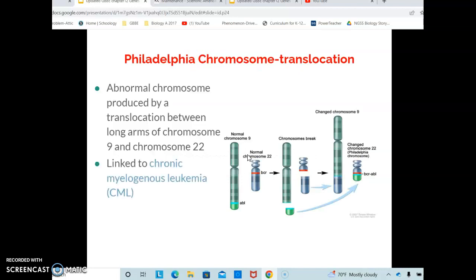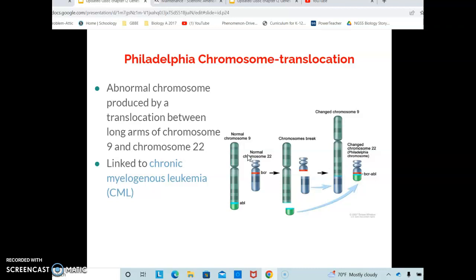The last one I want to talk about is a particular form of leukemia. This is called the Philadelphia chromosome. It's a translocation. Now, this is a very unusual cancer because we're actually crossing two different chromosomes, 9 and 22. This was identified in Philadelphia, so that's what they refer to it as the Philadelphia chromosome.